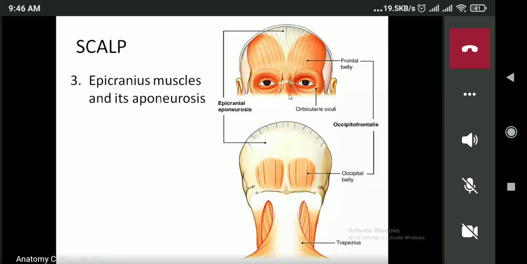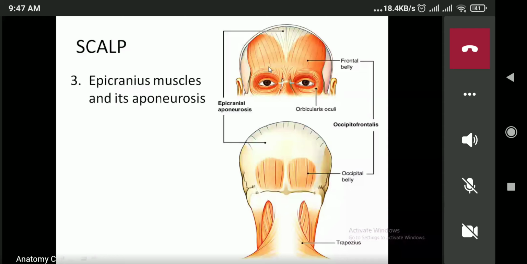While the frontal belly doesn't have any bony attachment. Remember this. The frontal belly doesn't have any bony attachment, so it simply arises from the skin and subcutaneous tissue present over the eyebrow and root of the nose.